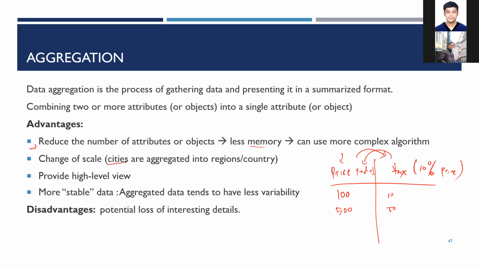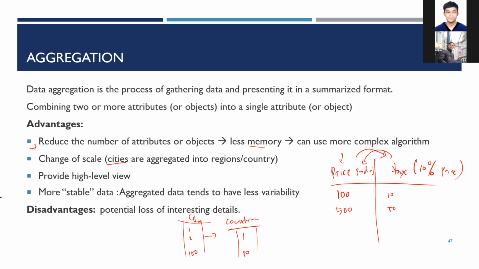If we record in city, maybe one instance in city 1, another instance in city 2, there are so many cities, so the variation in that one attribute, city, may be 100 different cities. But if we change the city into the country, maybe the variation is only, let's say, 1 to 10 countries. So it's easier to analyze. We can aggregate like this.